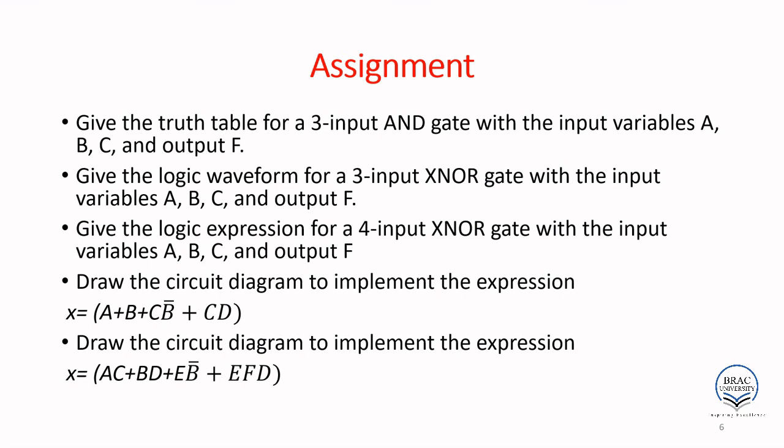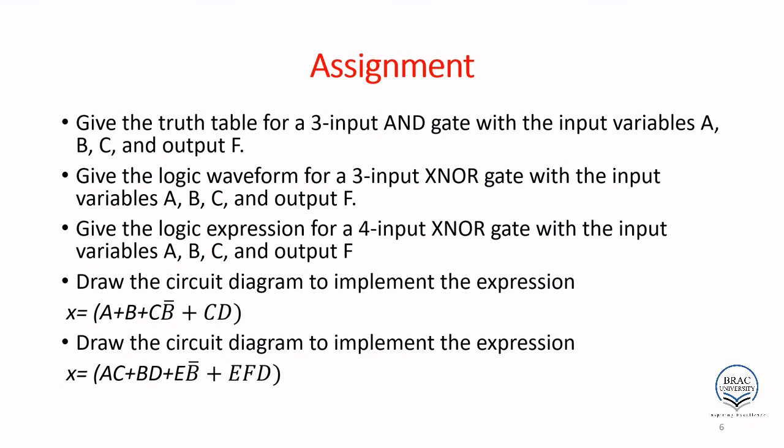Similar thing here. We have AC one AND gate, BD another AND gate, EB prime another AND gate with inverted B, and another AND gate. Just remember this is a 3-input AND gate.